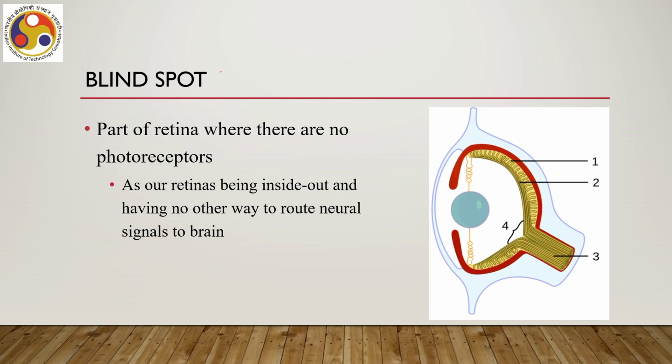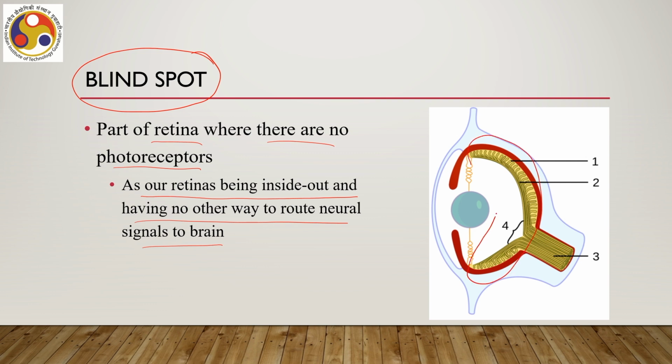Now, this leads to an interesting phenomenon called the blind spot, a part of the retina where there are no photoreceptors. That is due to the physiology, as our retinas are inside out and there is no other way to route neural signals to the brain. As you can see here, this whole part is the retina, but in the central part, the optic nerves need to be attached to the photoreceptors in this manner.